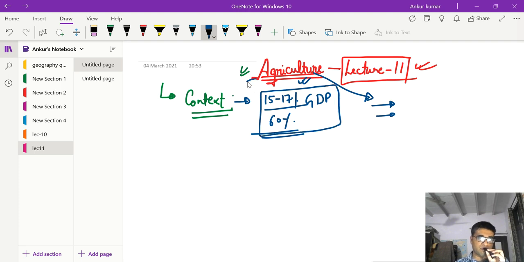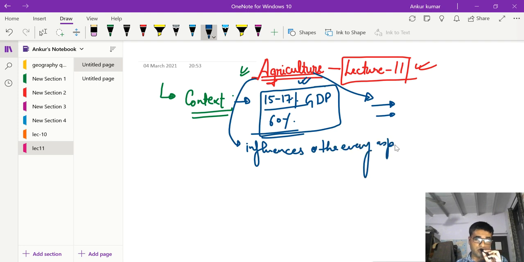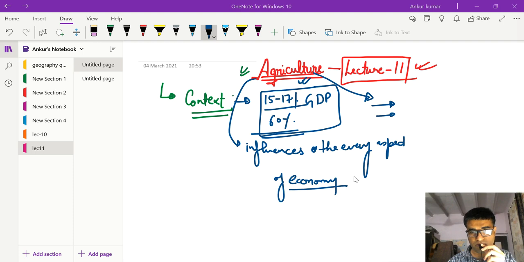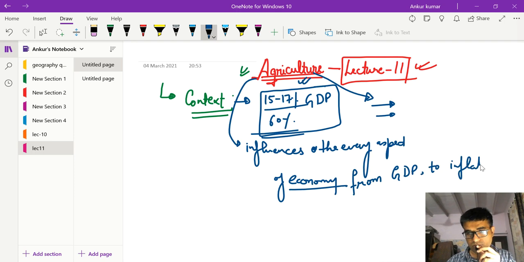And agriculture influences every aspect of the Indian economy. It influences every sector of the economy, from GDP to inflation to saving rate and industrial output.